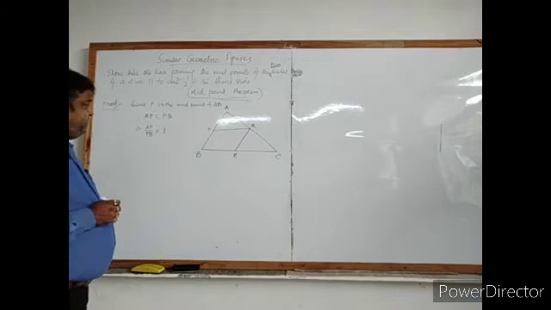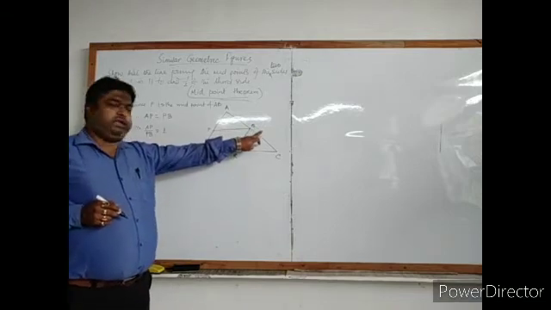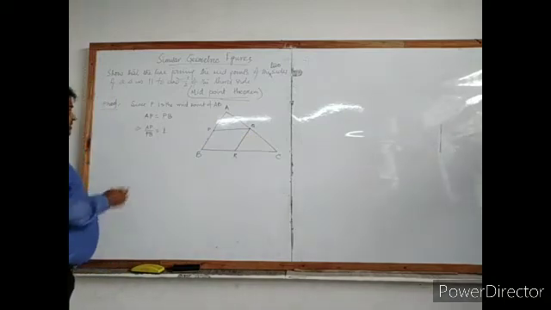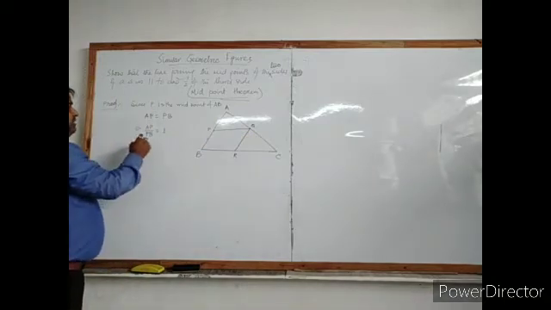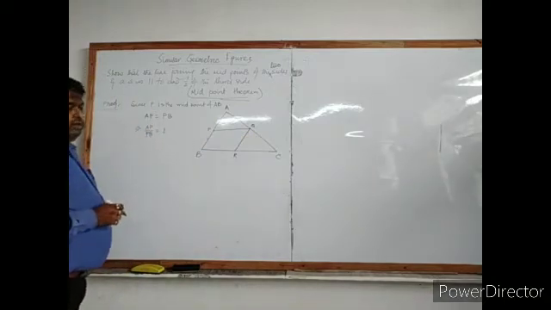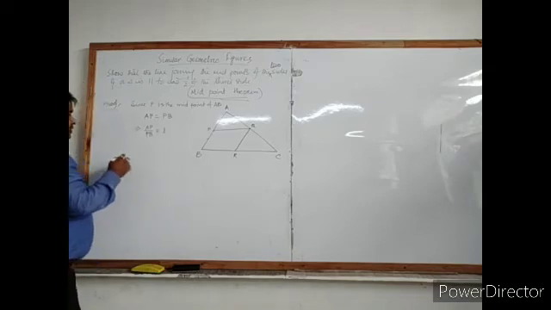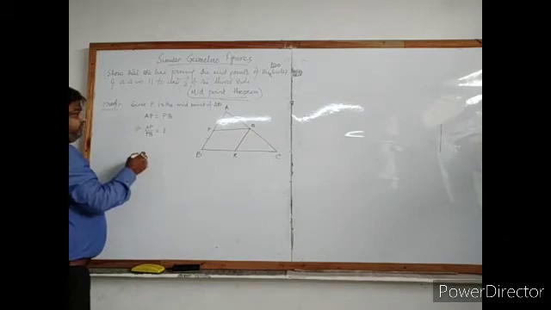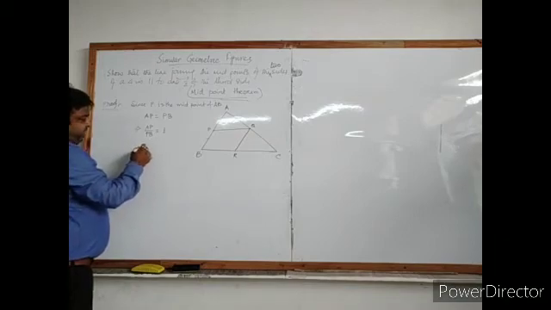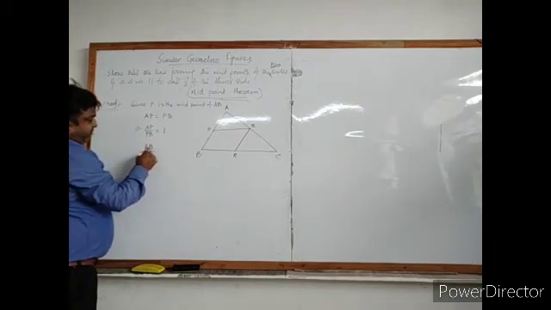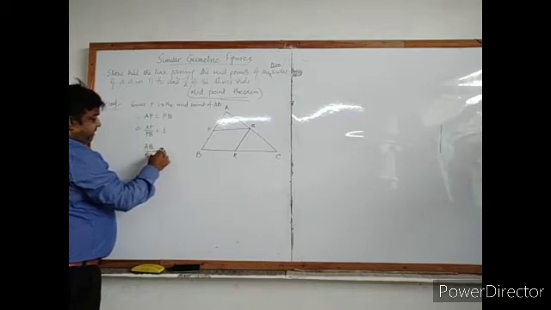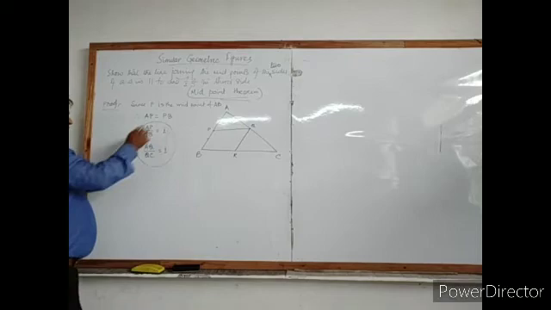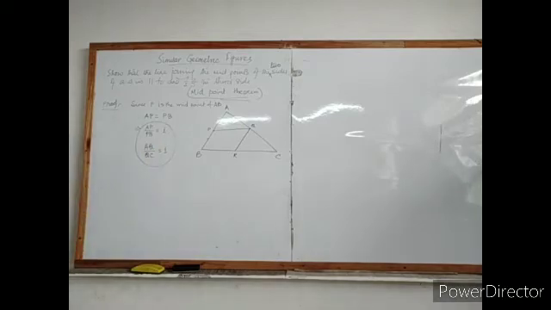Similarly, Q is the midpoint of AC. So therefore AQ equal to QC, and from there we write AQ by QC equal to 1. Now if we see these two ratios, both the ratios are equal.